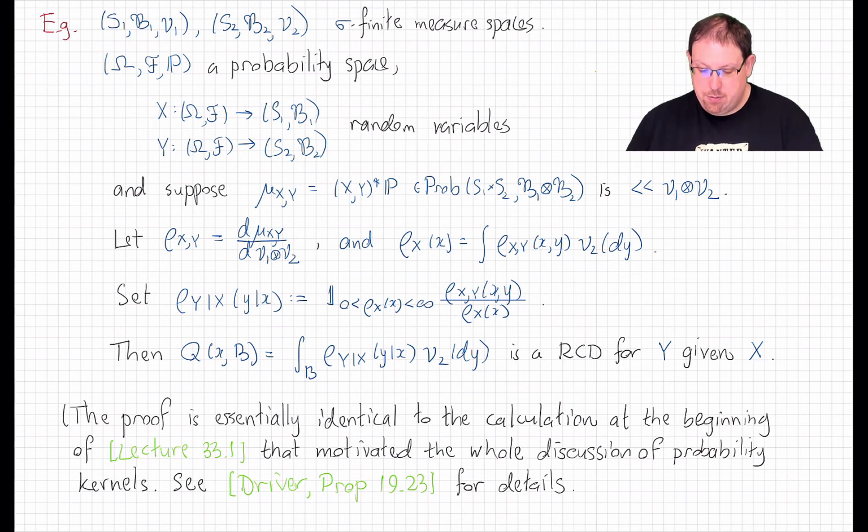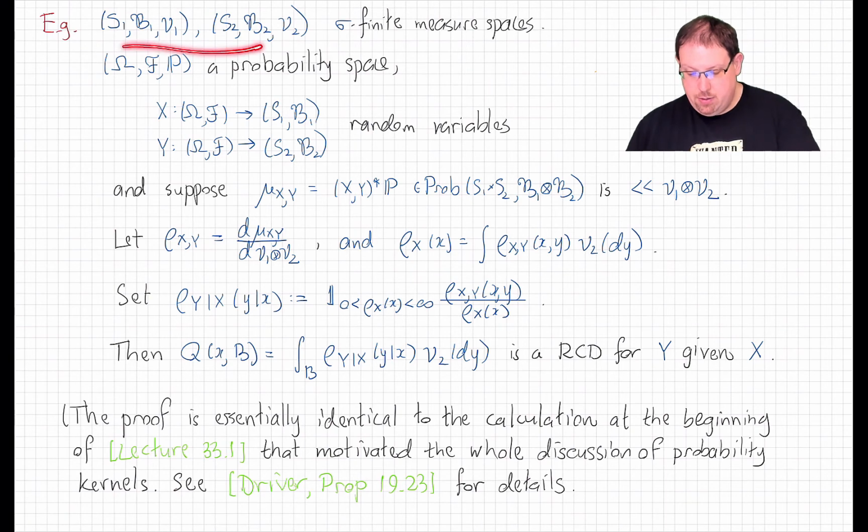And suppose we have two random variables on the same probability space, taking values in those two measure spaces. And this is the key here. Suppose that the joint law of x and y, which is a probability measure on the product space, is absolutely continuous with respect to the product of the two sigma finite measures we have there.